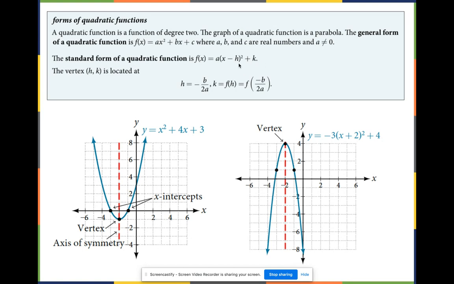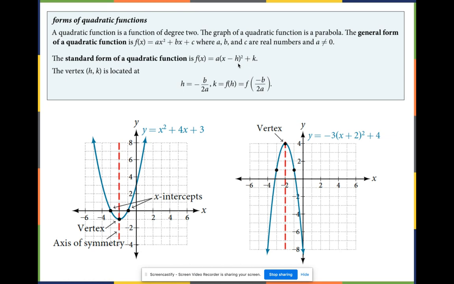Okay, so this x minus h means that the graph has been shifted to the right by h units. And this k on the end means that it's been shifted up by k units.